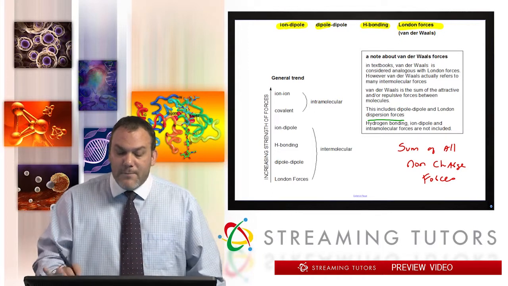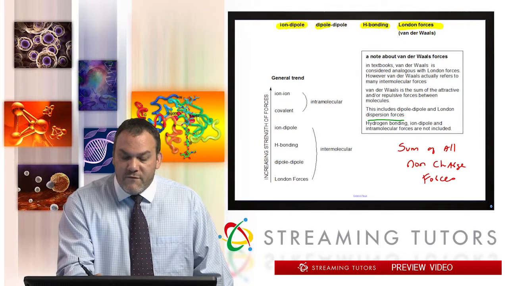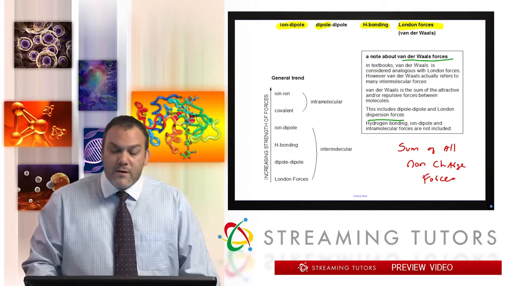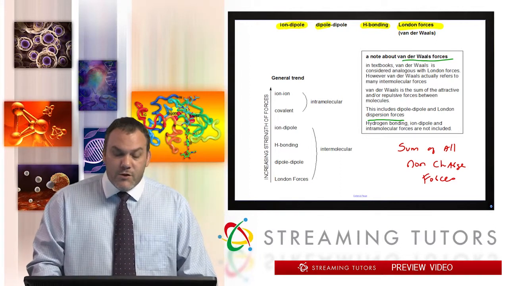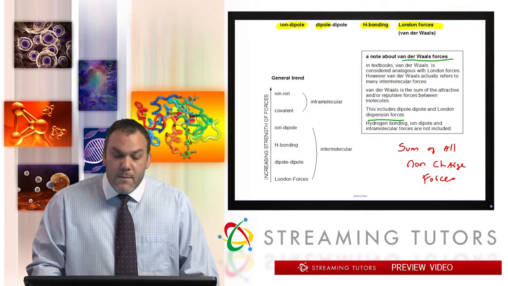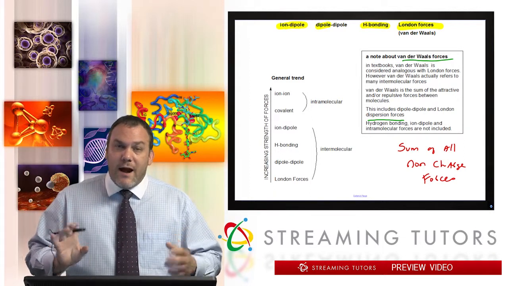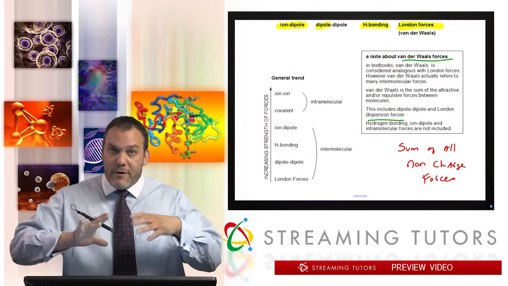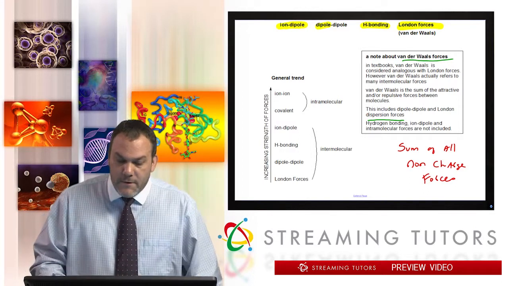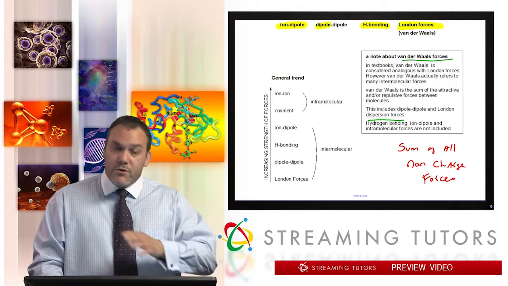So, just keep that in mind as far as what van der Waals forces means. It really depends on the source that you're looking at. All right, but in general, it definitely means all non-bonding interactions that are not with charges. Okay, so full charges, partial charge, no problem.